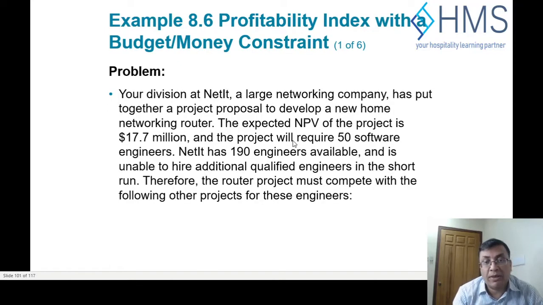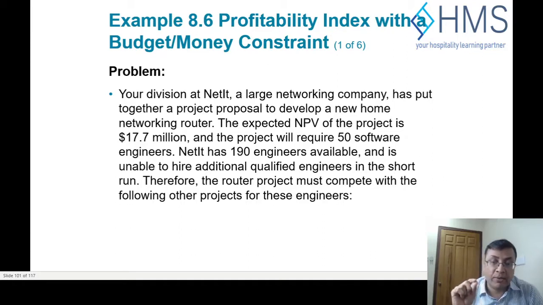So that's one way. Another example of this is where you have budget and money constraints. Let's say you are a large network company and you have a router project of $17 million NPV. This will require 50 engineers. Now you have 190 engineers available, but you are unable to hire extra engineers in the short run.